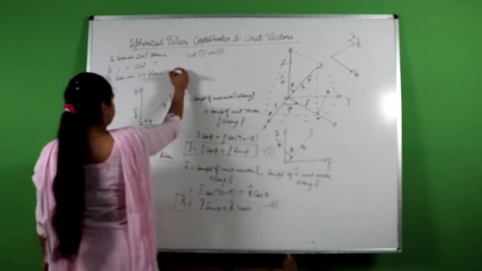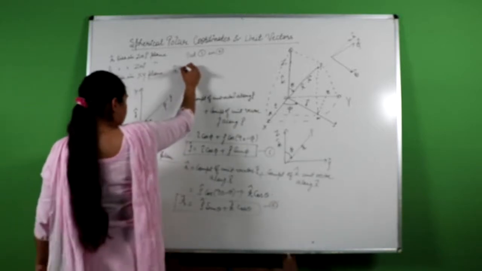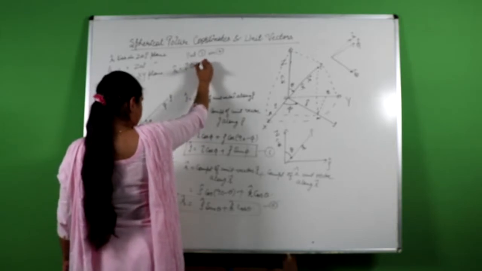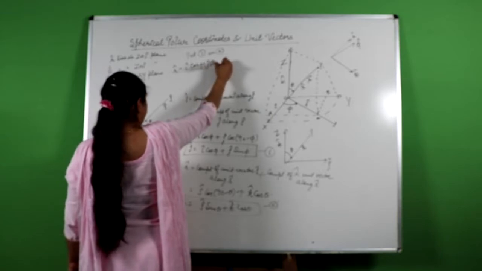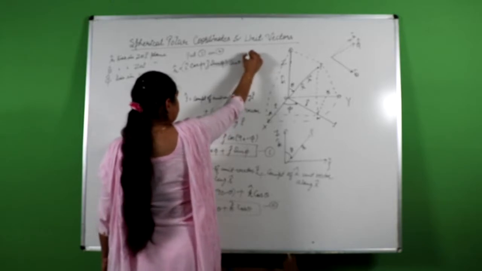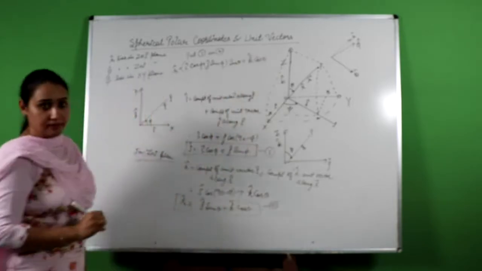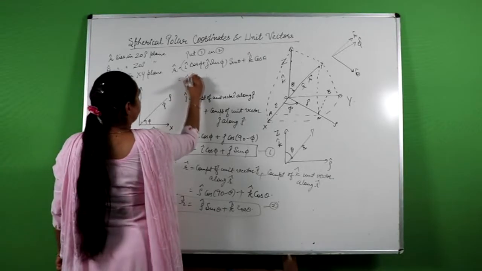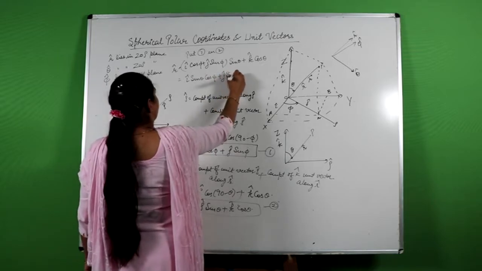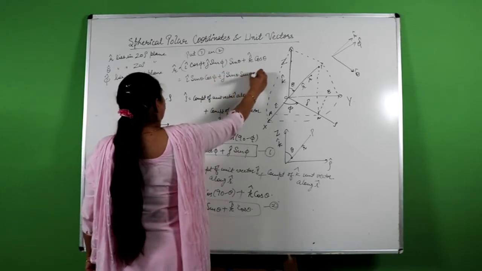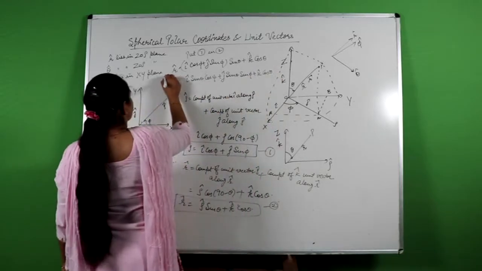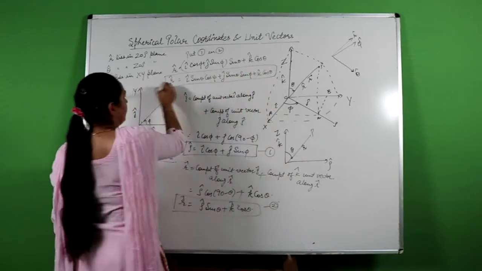So you will see r cap is (i cap cos phi plus j cap sin phi) into sin theta plus k cap cos theta. Open the brackets, you will get i cap sin theta cos phi plus j cap sin theta sin phi plus k cap cos theta. So this is my r cap unit vector.